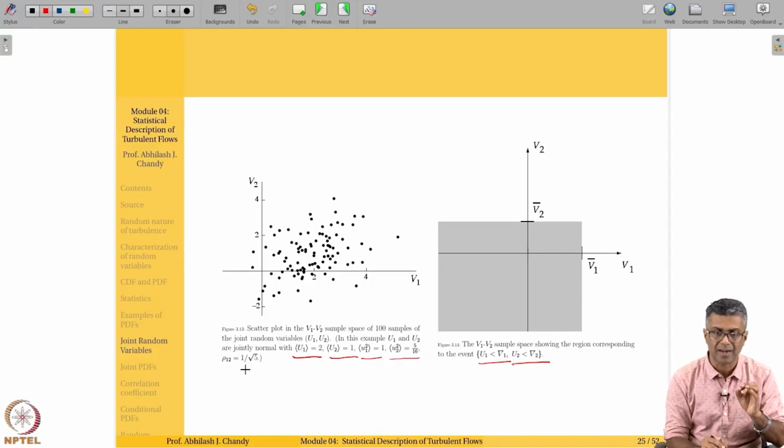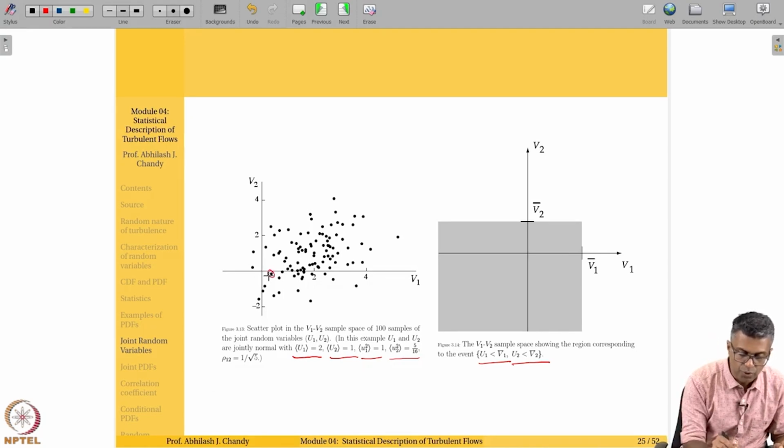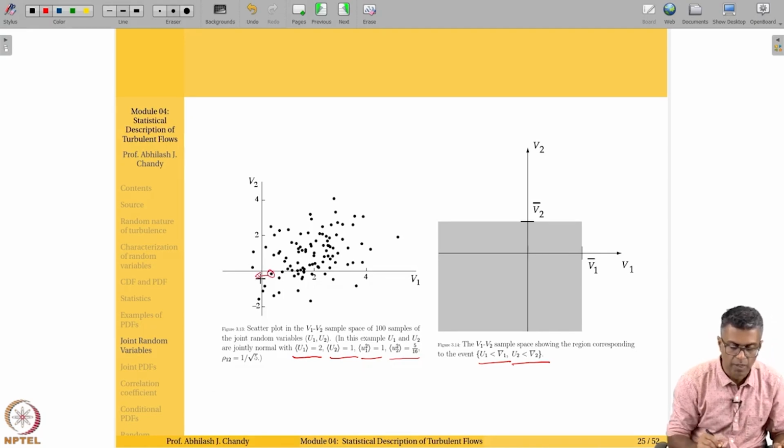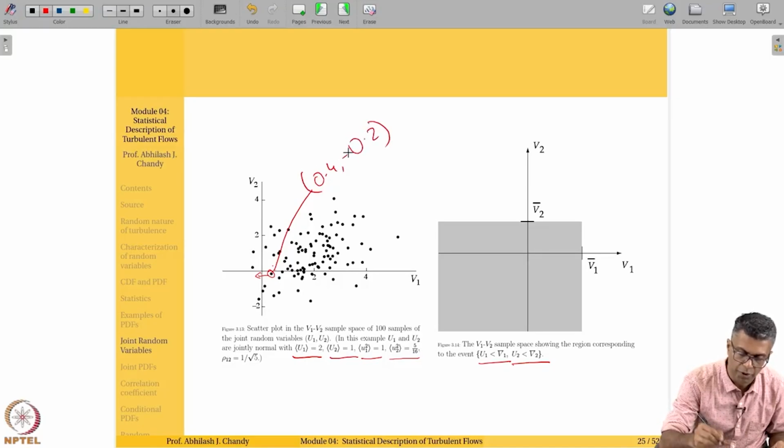So for now, just understand that when U1 is a particular value, say this one, then U2 is this one here. So if U1 is around 0.5, this value is, for example, something like 0.4 comma negative 0.2.